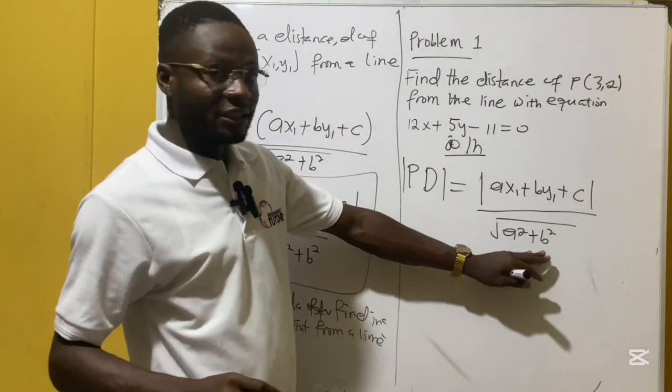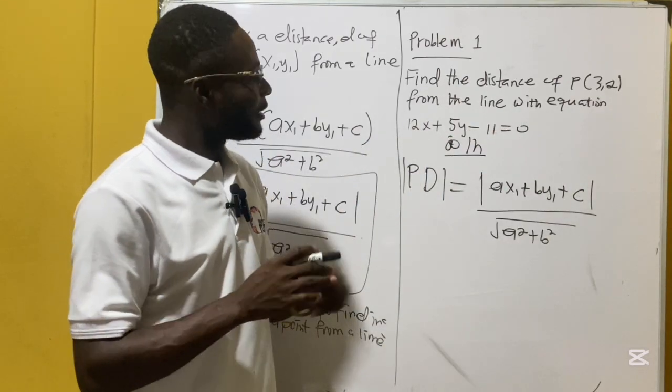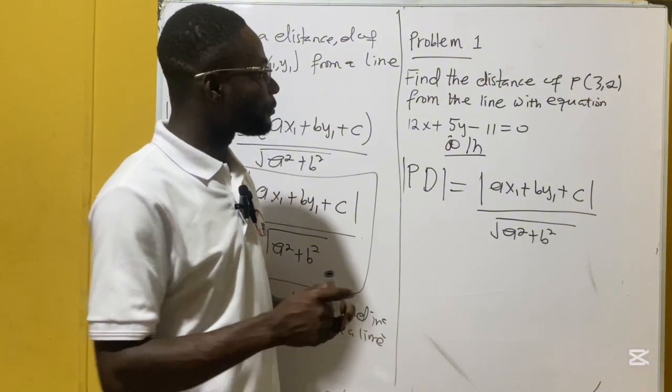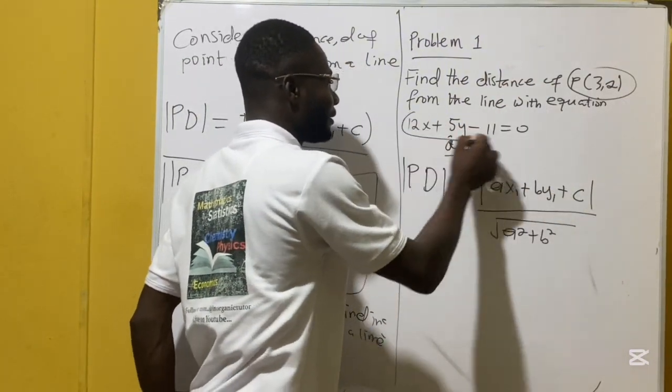So we have this formula. Look at the problem and let's identify the parameters, right? So this is the point, and this is the line.